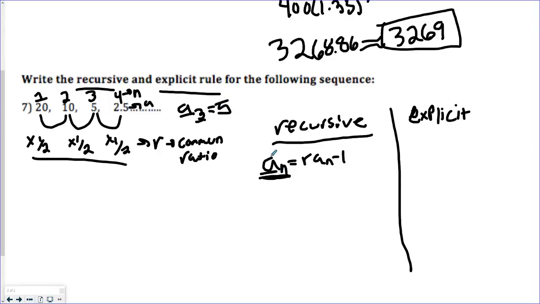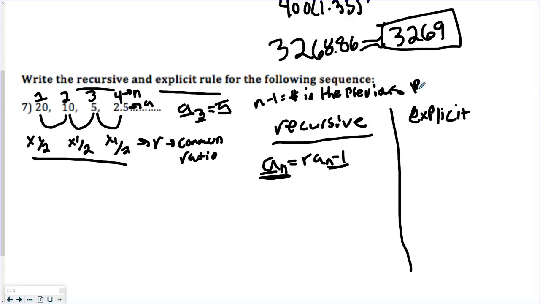So a sub n is the number in the nth spot. So if you want the nth number, what you do is you take your r, your common ratio, times a sub n minus 1. So what this means right here is basically the number in the spot before. So n minus 1, in this case, is the number in the previous spot.